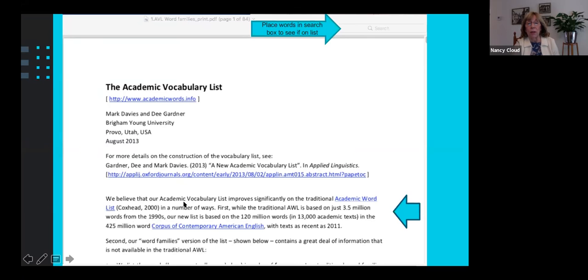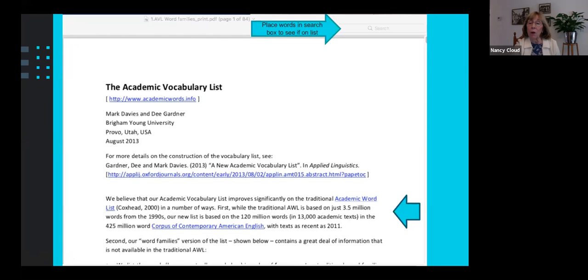And the new list, the academic vocabulary list, was based on 120 million words. And it also uses the 425 million word corpus of contemporary American English with text as recent as 2011. So it's not using 2021 text, but it's using more recent text.